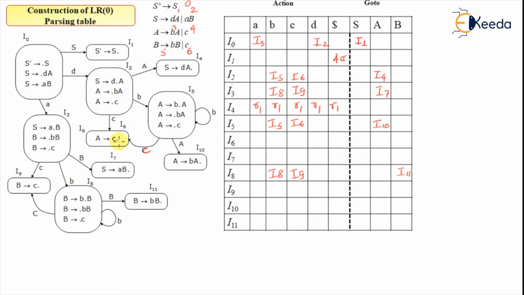I6 is C dot, which is production 4, so R4 everywhere. I7 is AB dot, and that is R2, so I'll put R2 here.